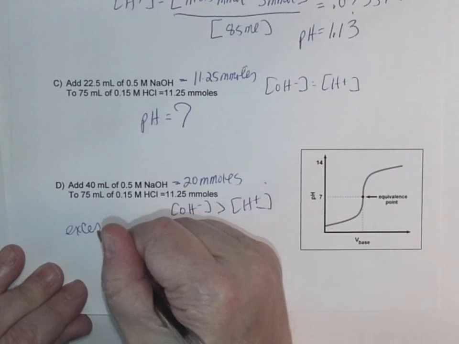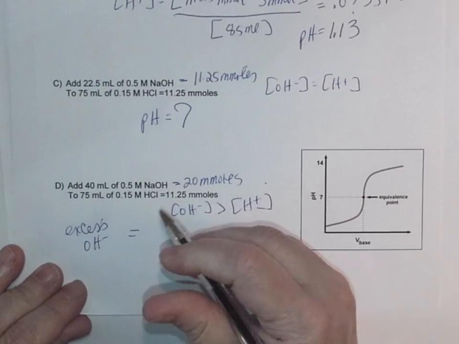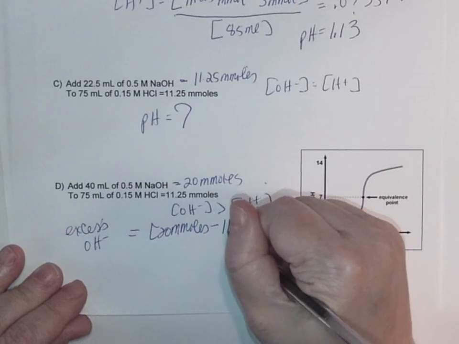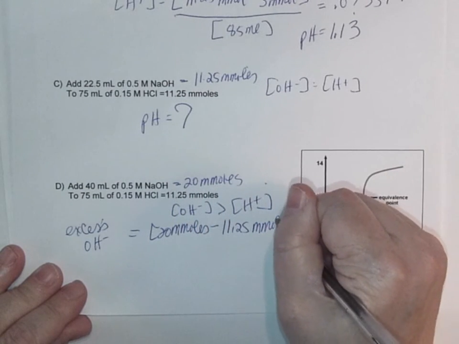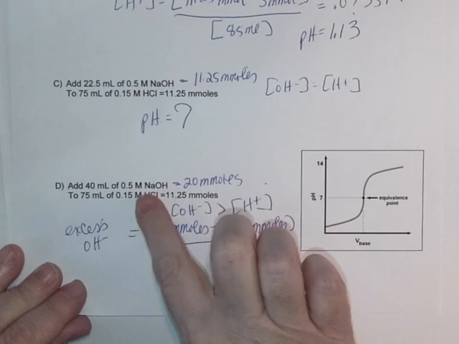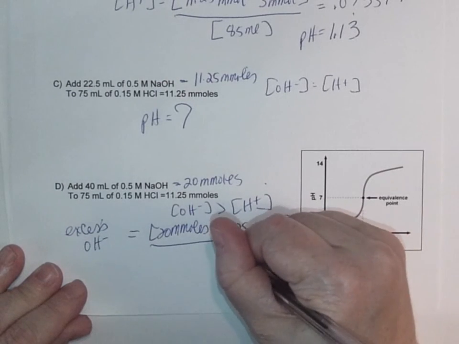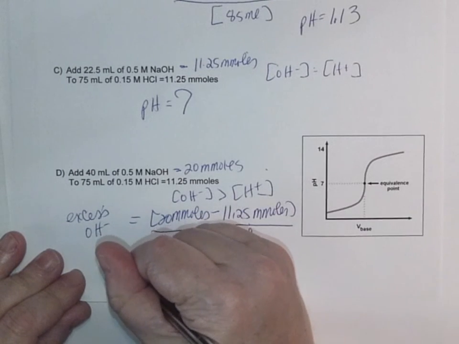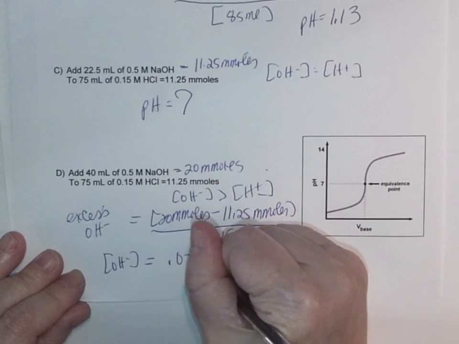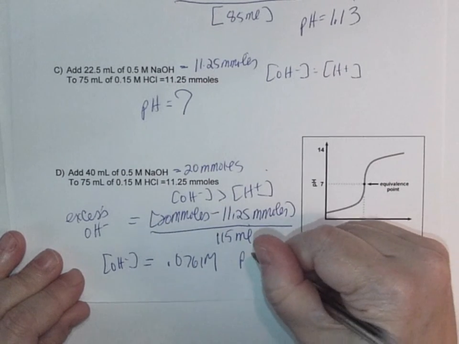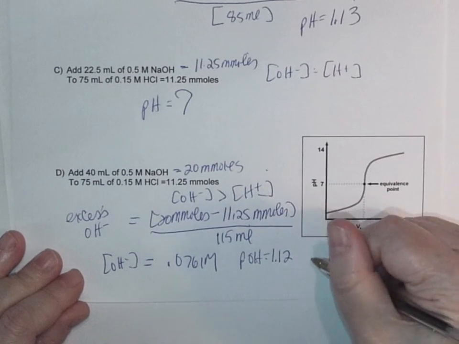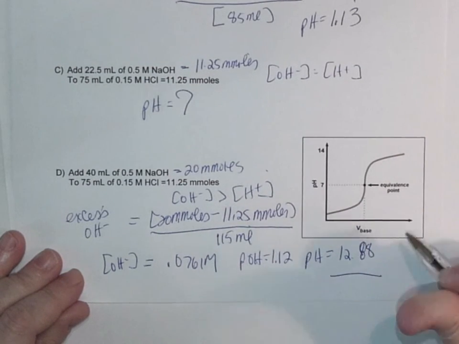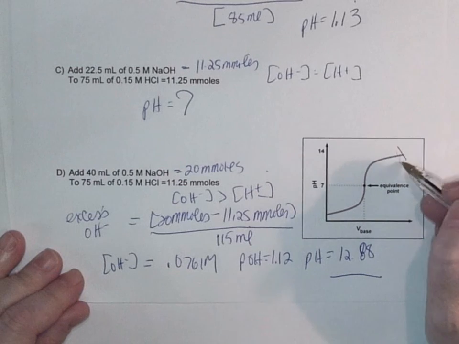So now this is an excess of hydroxide ions, and I get 20 millimoles minus the 11.25 that comes from the acids, divided by the total volume, 40 plus 75 is 115, and I get a hydroxide ion concentration of 0.0761 molar. So my pOH is 1.12. Using those equations, I can find that my final pH is 12.88, which is that excess base I was talking about.